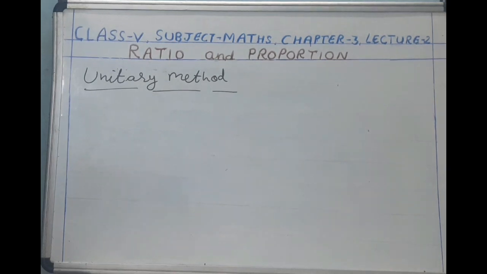by first finding the value of a single unit and then finding the necessary value by multiplying the single unit value. Have you understood what I said? First of all, we will find out the value of a single unit and then the value of the necessary values for the given term.